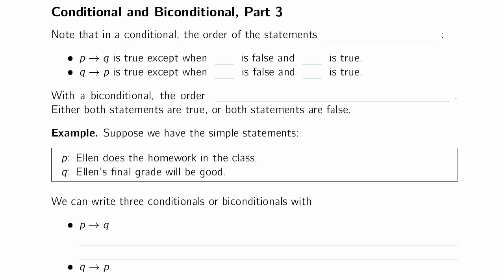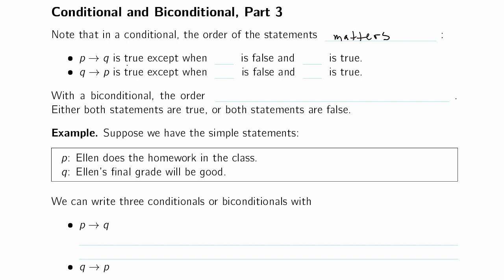So we've said this before, but we're going to say it again because it's important, and we're going to keep saying it a few more times as well. When we have a conditional, unlike all of our other ways of combining statements, the order of the statements matters.